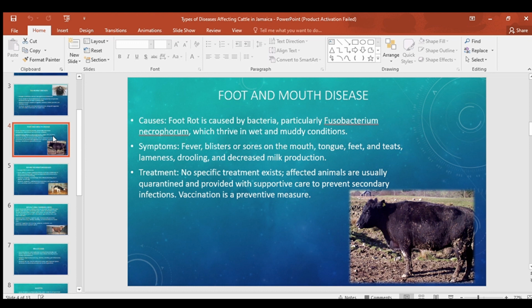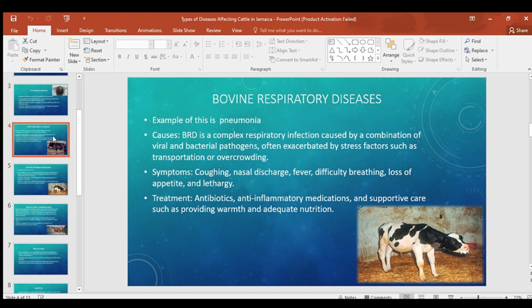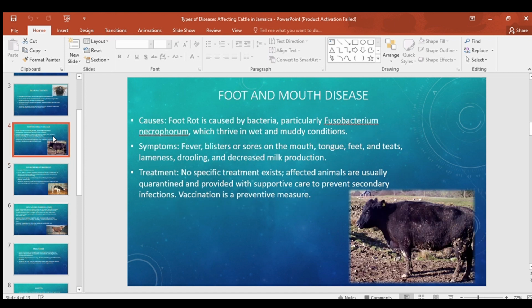But vaccination is a preventative measure. So if you give the animal the vaccine beforehand, then it will help them, if they even get it, to overcome it more easily. And you can see the photo of this animal here. You can see the lesions on the foot, just look at this animal.